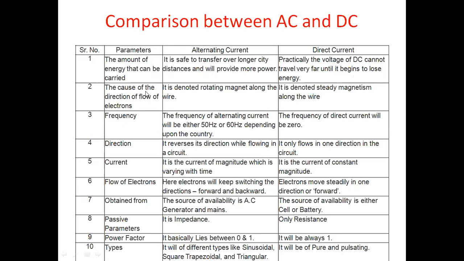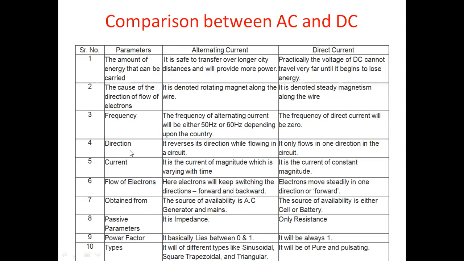Second parameter is the cause of direction of flow of electrons. In the case of alternating current, it is denoted by a rotating magnet along the wire, but in the case of DC, it is denoted by steady magnetism along the wire. Next is frequency. In alternating current, the frequency will be either 50 Hz or 60 Hz or any other depending upon the country. In direct current, the frequency will be 0.